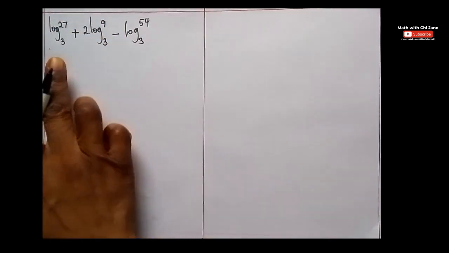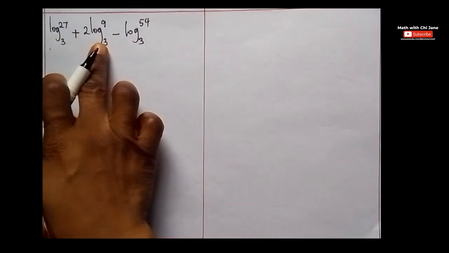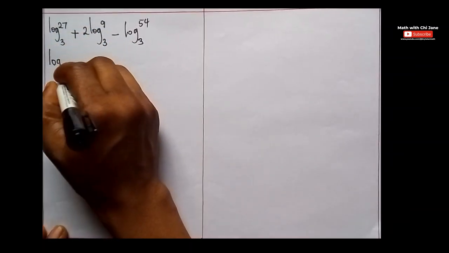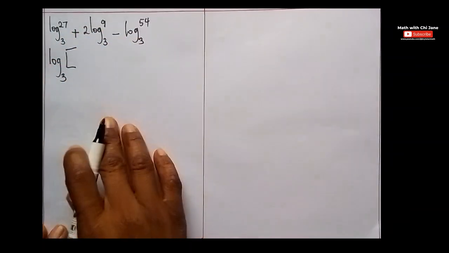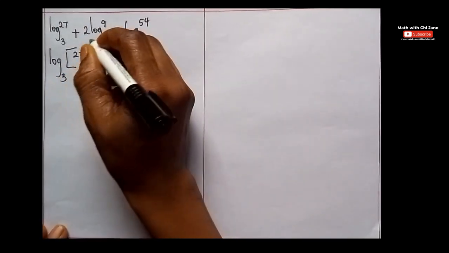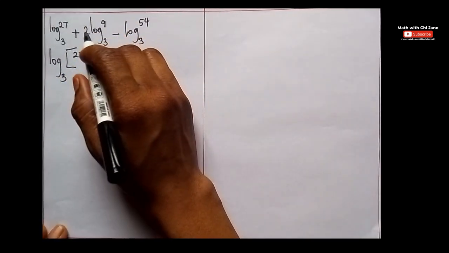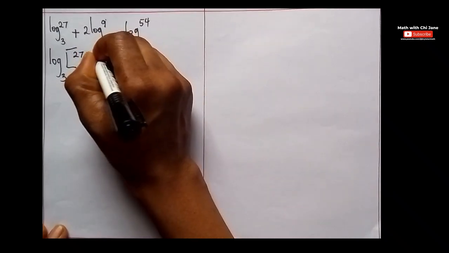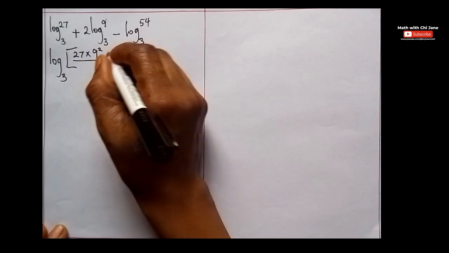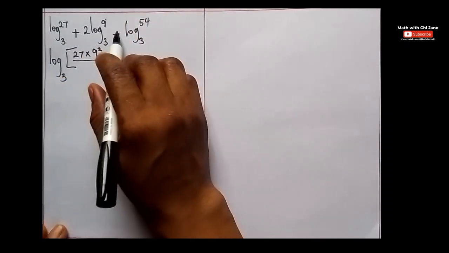Since everything has log base 3, I will put log base 3 outside here, factorize it, and then 27 multiplied by 9 raised to the power of 2, this 2 goes up here, over, why is it dividing?